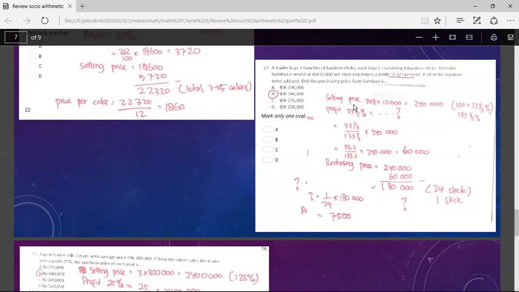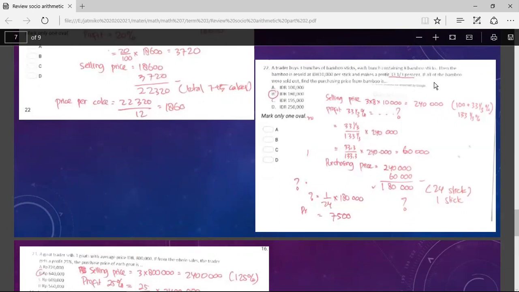Because the profit is 33 1/3%, and you know that the selling price is the purchasing price plus profit. The purchasing price is always 100%.